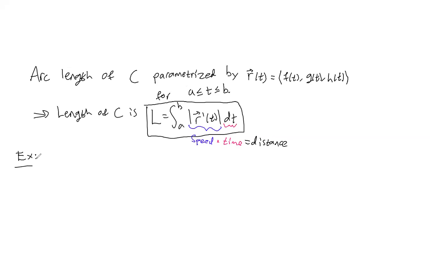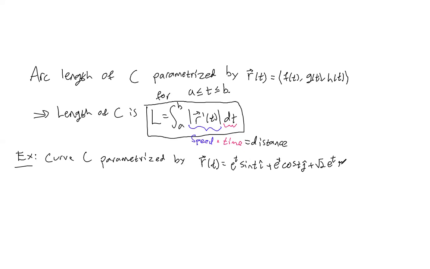Let's take, for example, the curve c parameterized by r of t. r of t is going to be given by e to the t sine t i plus e to the t cosine t j plus root 2 e to the t k for t between 0 and 1, say.